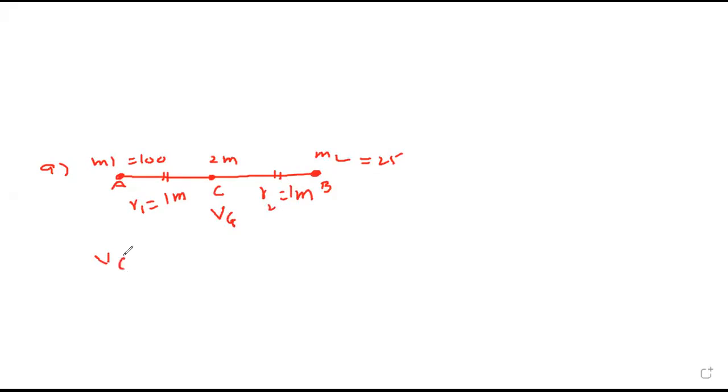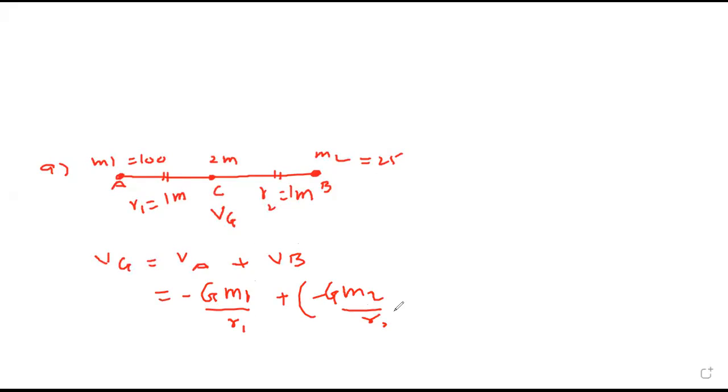Now gravitational potential is due to mass at A plus mass at B. Formula for gravitational potential, if you can recollect, is minus G into mass upon distance. Are you able to remember that formula? So minus G common, m1 is 100, r1 is 1, plus m2 is 25, r2 is 1.